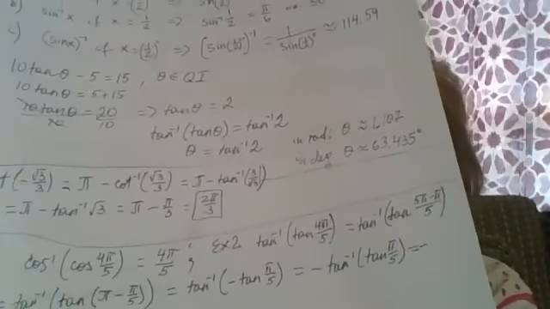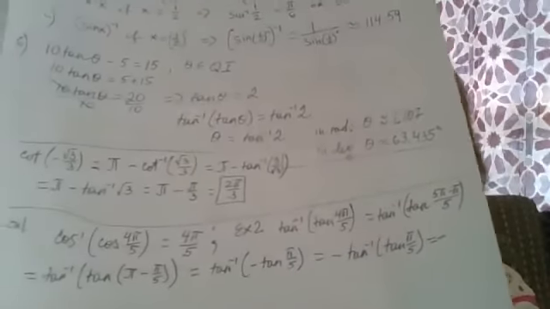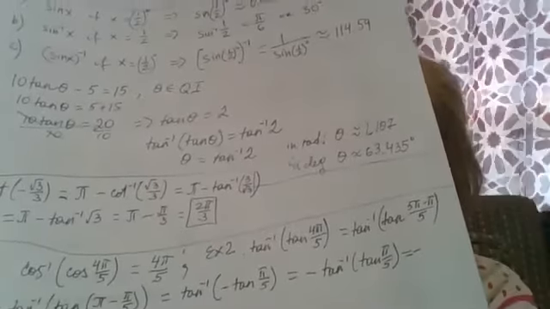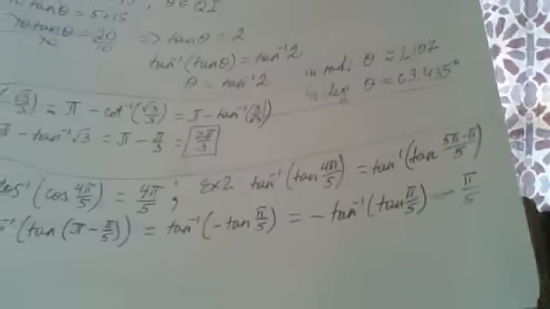Is it from the first quadrant? Yeah. What do we have for the range for arctangent? First quadrant, fourth. Yes, it is in the range. So the answer is negative pi over 5. And I am done with this problem.